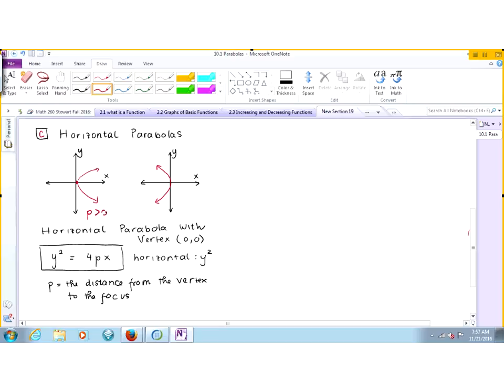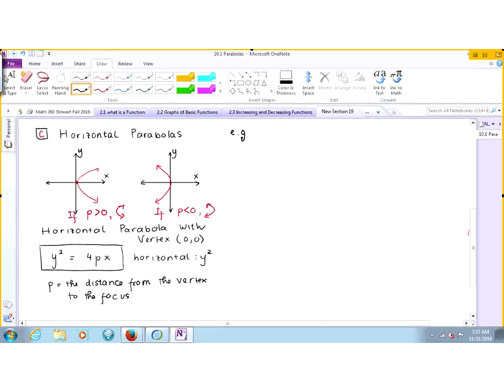So when it opens right, P is greater than 0. And what happens here? P is less than 0, so it opens left. So if P is greater than 0, it opens right; if P is less than 0, it opens left.